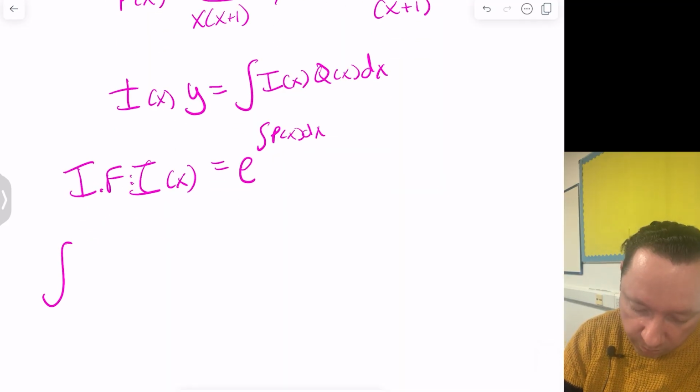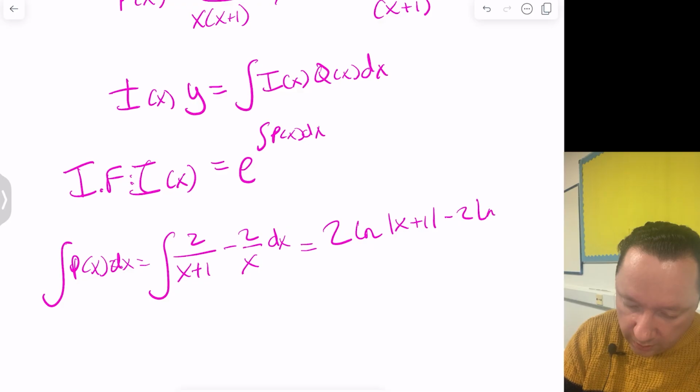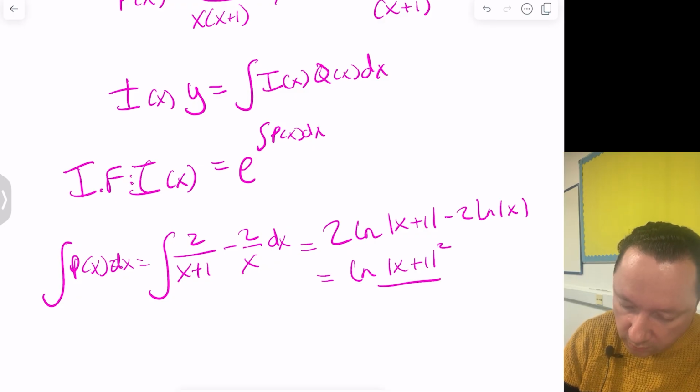The integral of p of x equals the integral of 2 over x plus 1 minus 2 over x dx. Well, that's just 2 log x plus 1 minus 2 log x. Well, that's just log of x plus 1 squared over x squared.